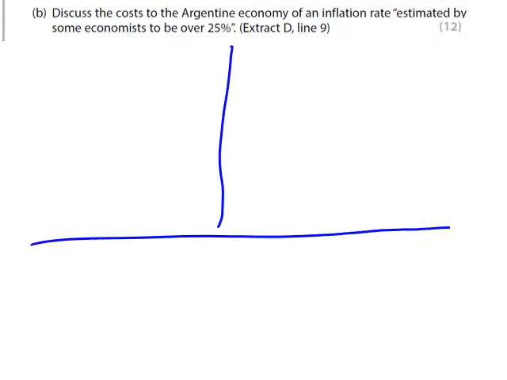So this now is a question about the costs and the potential benefits of an inflation rate which is estimated to be over 25%. That's a significant size, because if it's over 3%, the Bank of England is concerned in the UK.